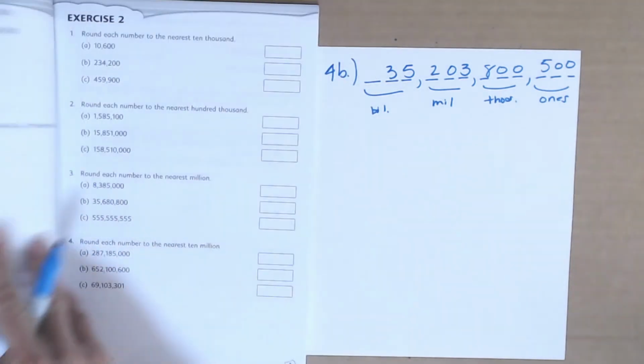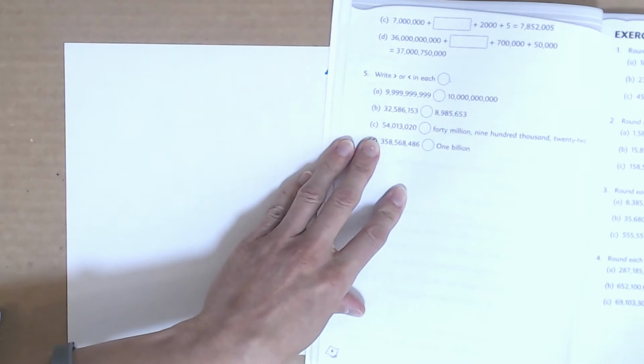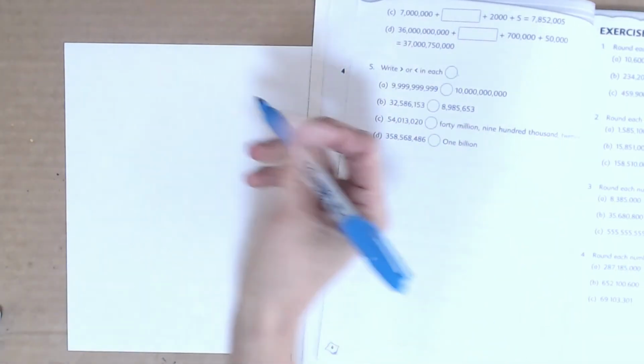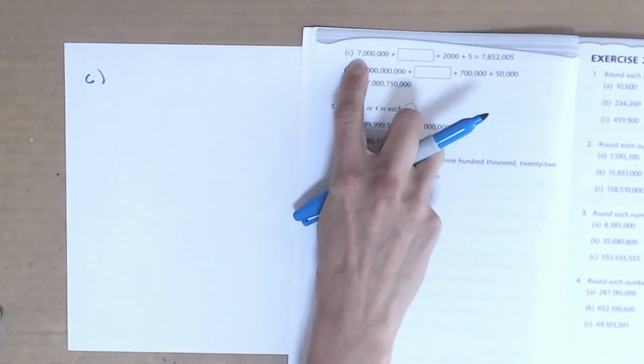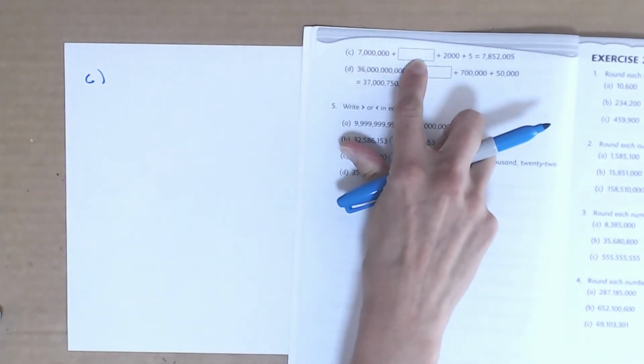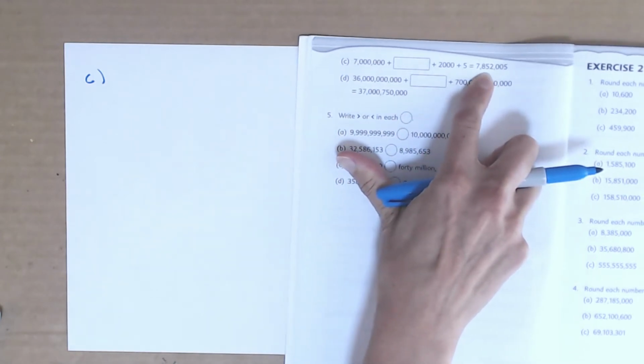And let's turn the page. C. Now we kind of have a fill in the blank. 7 million plus something plus 2,000 equals 7,852,005.